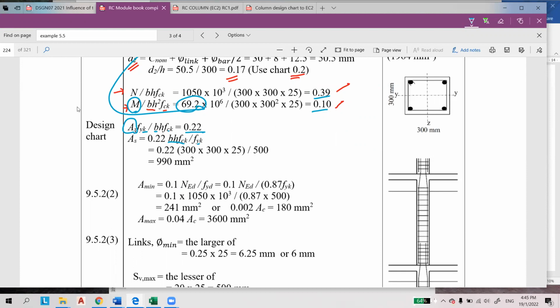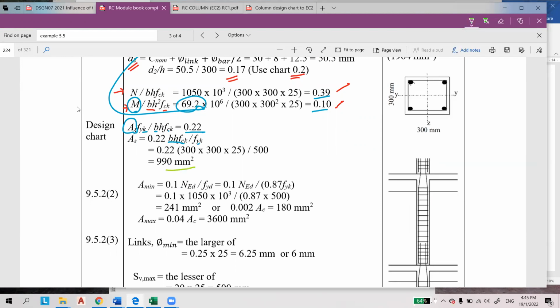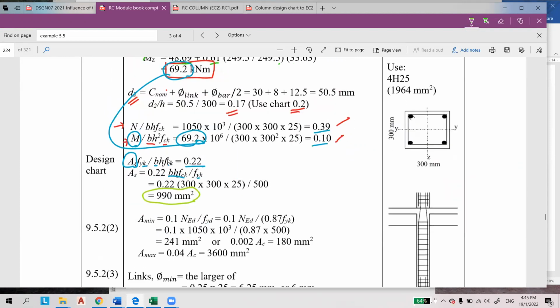You divide it and you get the value of AS required is 990 millimeter square, and then you use 4H25. The bar diameter is 25. Maybe you can use 3H25, which is already greater than 990.